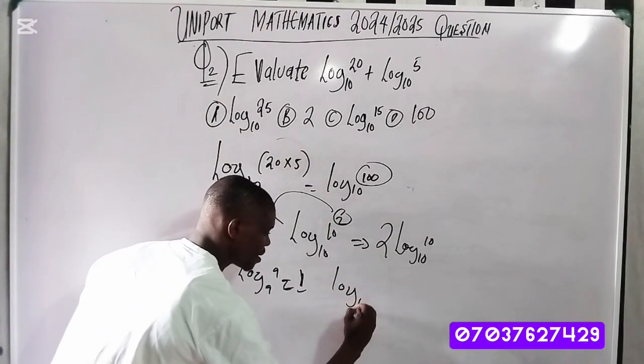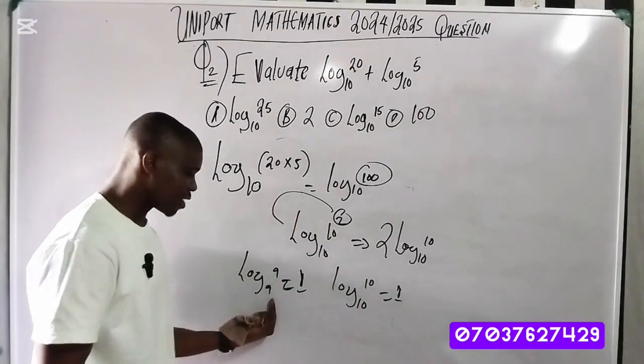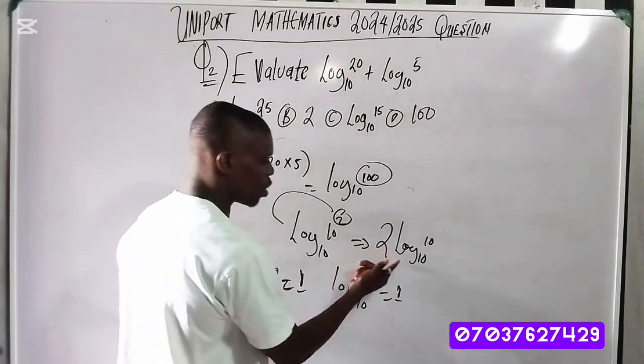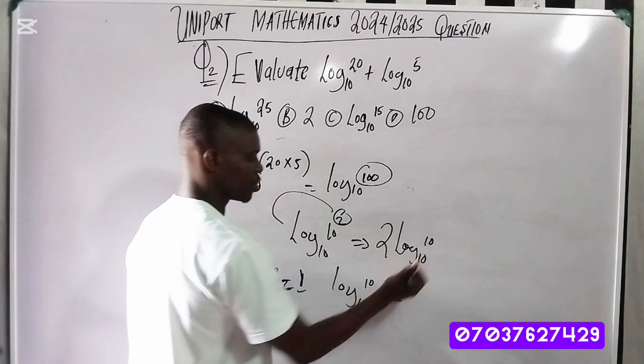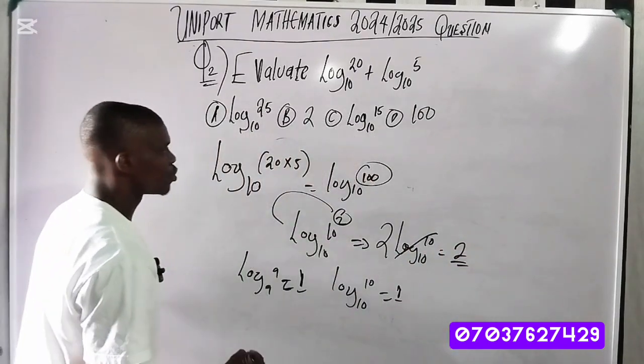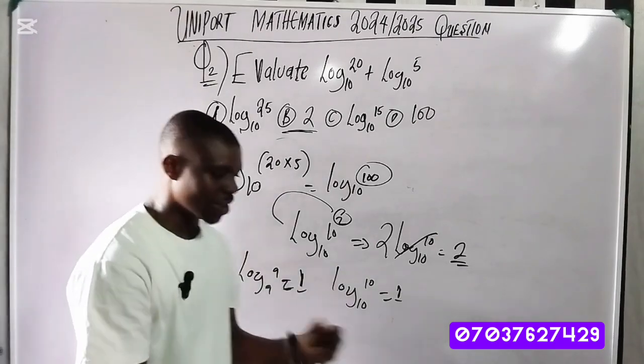Log base 10 of 10 is 1. So 2 times 1 is 2. So the answer is 2. The answer is B.